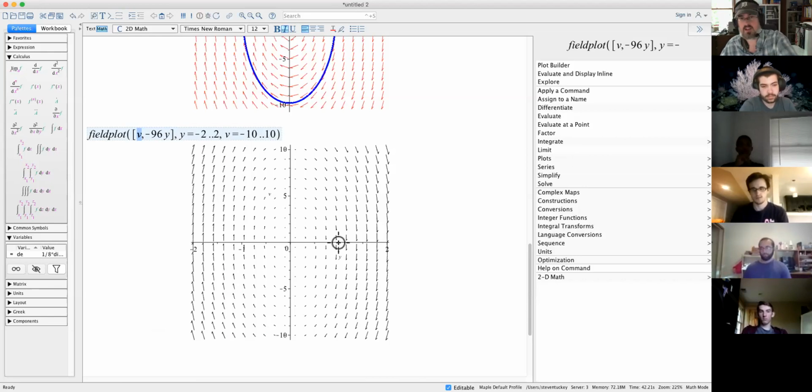So this is saying your horizontal part of your motion is nothing at that location, because dy dt is equal to just v, and your v coordinate right there is 0. But your y coordinate is +1, and so that means your vertical, your dv dt, is -96. So this thing is a really long arrow by comparison.